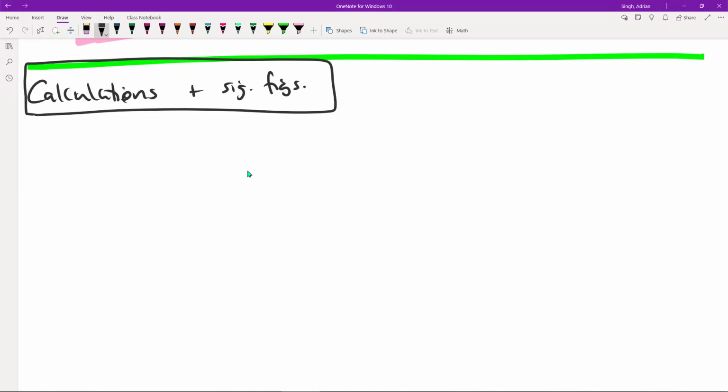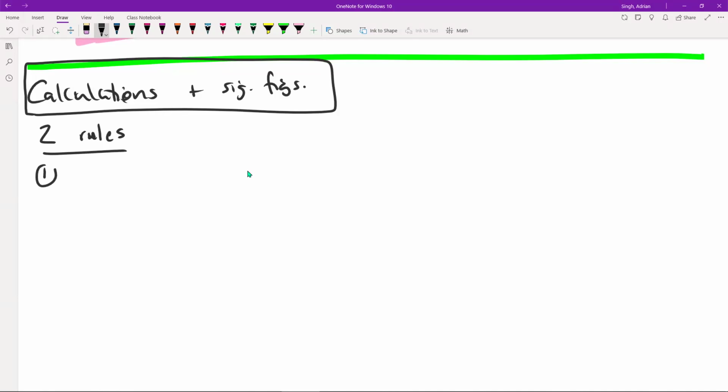We need to make sure that we still are able to keep that in our measurement. So when it comes to significant figures and calculations, there are two rules that we're going to see, and the rules depend on the mathematical operations that you're doing to the number.